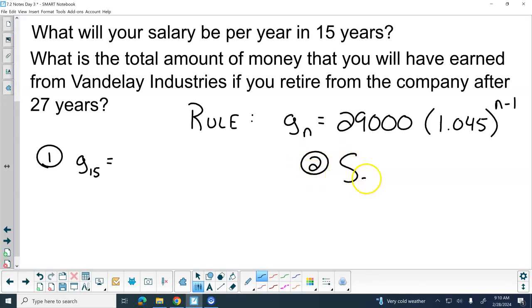S sub 27. Okay. Based off of Monday's notes and last Friday's notes, find me the 15th term in the sequence. Find me the sum of the first 27 terms in this series.